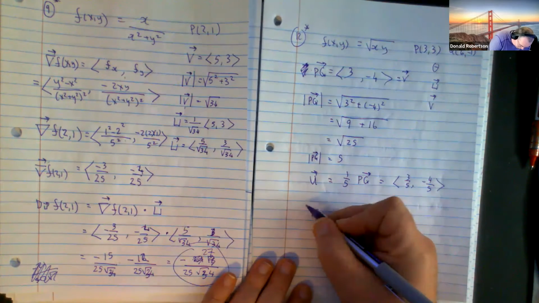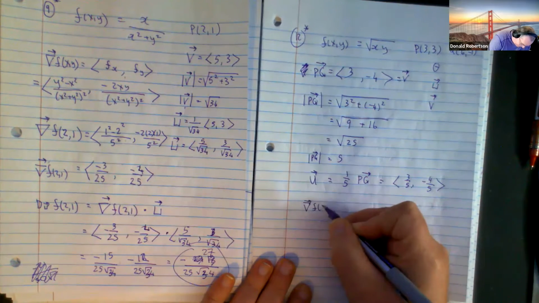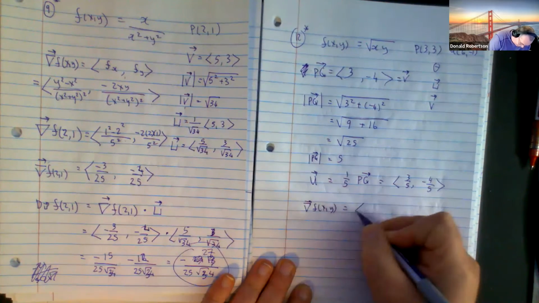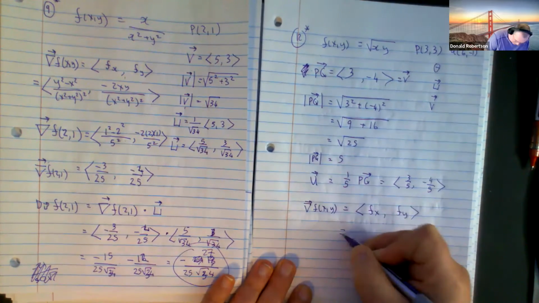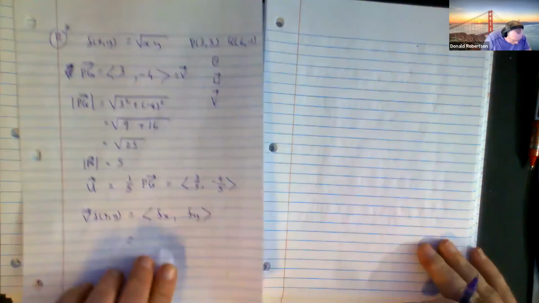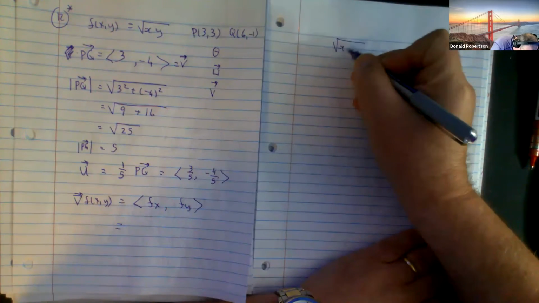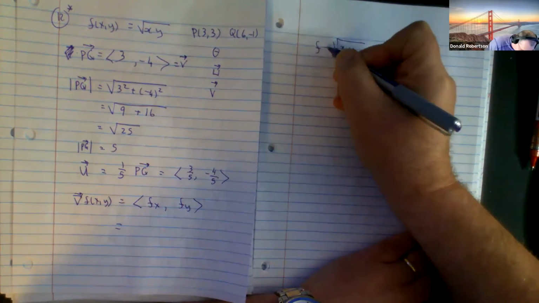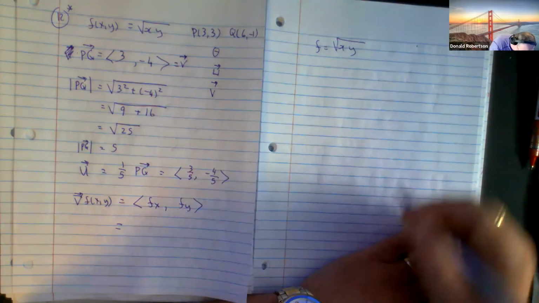So now I can move on to the gradient vector. And that one, again, even if it looks straightforward, I don't think it is quite as straightforward as that. Okay, I want to differentiate this guy with respect to x.